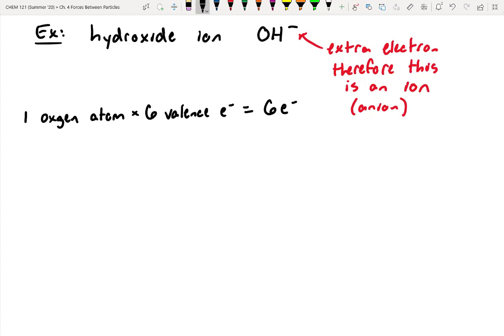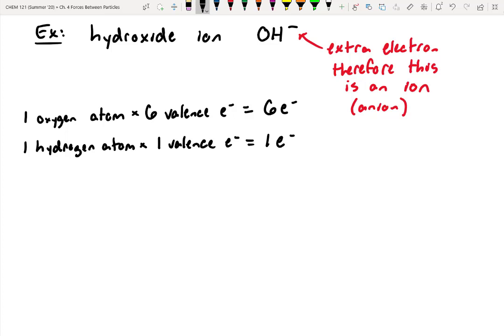And then let's think about hydrogen. Whoops, I misspelled oxygen there, excuse me. We have one hydrogen atom. And we know each hydrogen atom, in this case we just have one, has one valence electron. So we've got one electron from that.